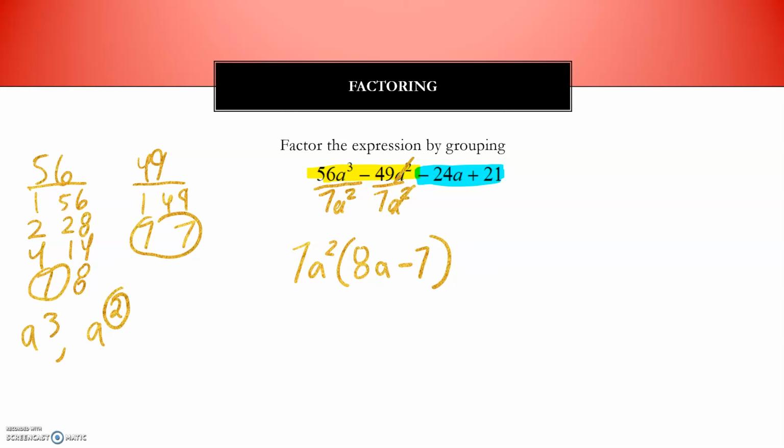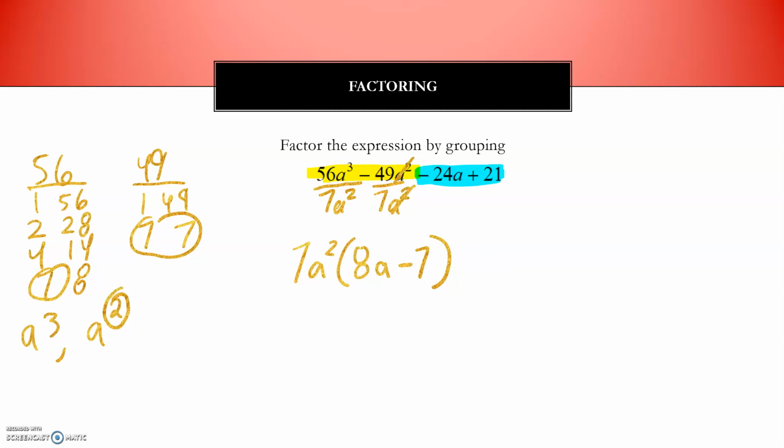A squared times a is a to the third. Did that correctly. 7a squared times negative 7. 7 times 7 is 49. A squared times nothing is a squared. So we have negative 49a squared. I did that correctly. So then from there, I can proceed.